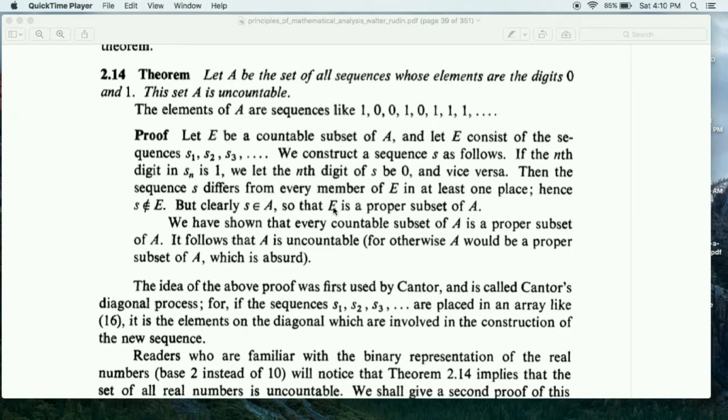Now E is an arbitrary countable subset of A. So any countable subset of A is a proper subset of A. So this means that there exist sets which are not countable. So A is not countable.